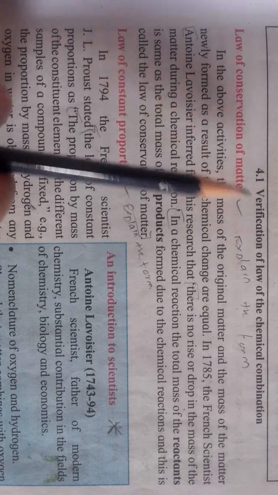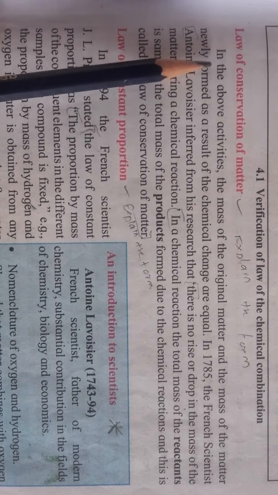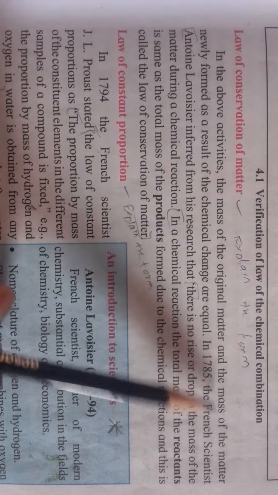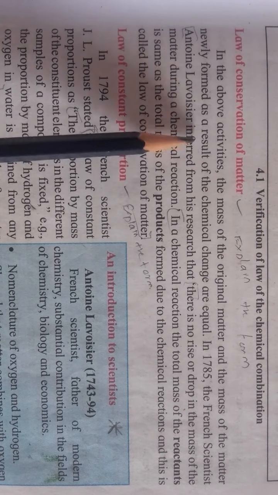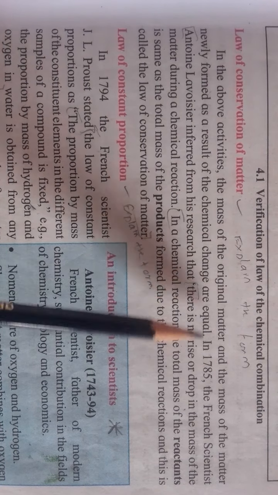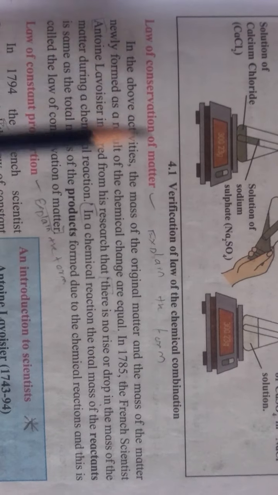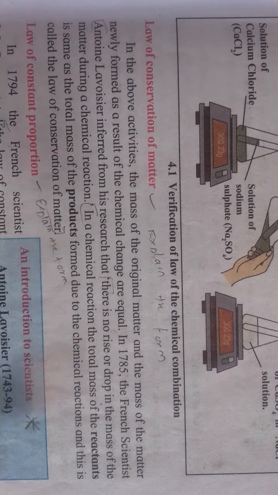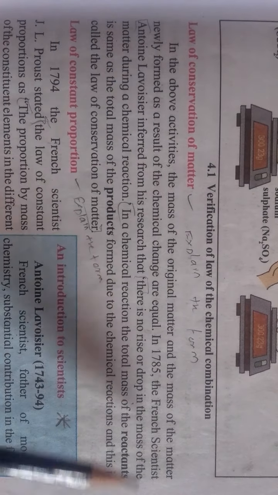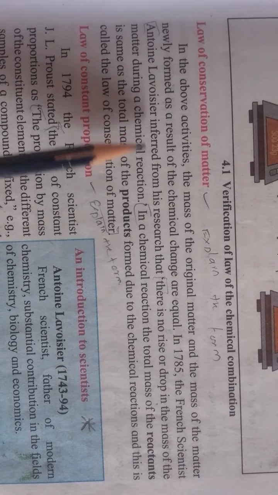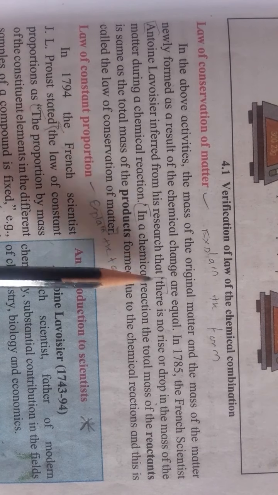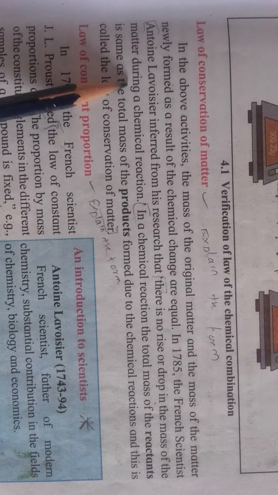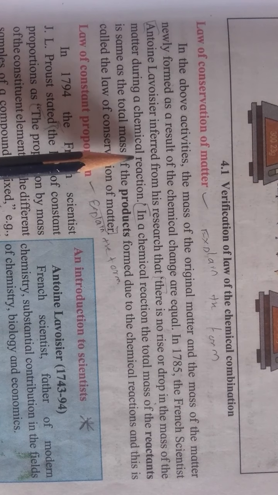Law of conservation of matter. In the above activities, the mass of the original matter and the mass of matter newly formed as a result of the chemical change are equal. In the above activity, which we did, we observe that in 1785 the French scientist Antoine Lavoisier inferred from this research that there is no rise or drop in the mass of the matter during the chemical reaction.